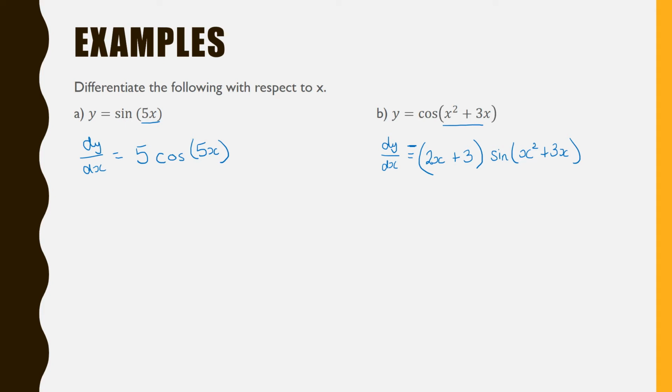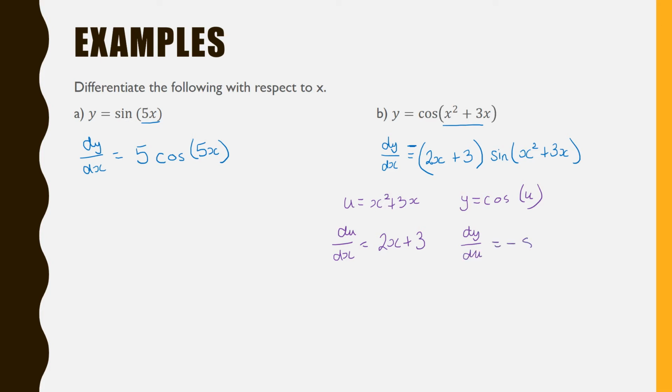What we essentially did here, some of you may have realised, was to use the chain rule. Because if I defined the inside function u as being x squared plus 3x, that means that y would equal cos of u. Differentiating du/dx, I differentiate x squared to give 2x, I differentiate 3x to get 3.